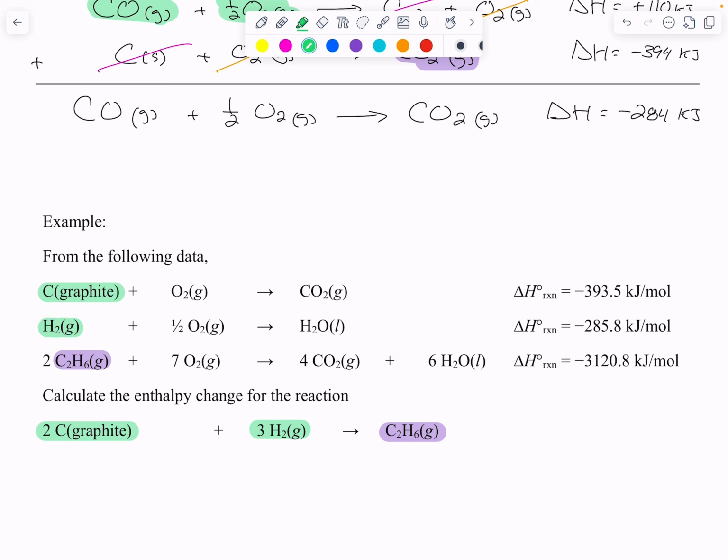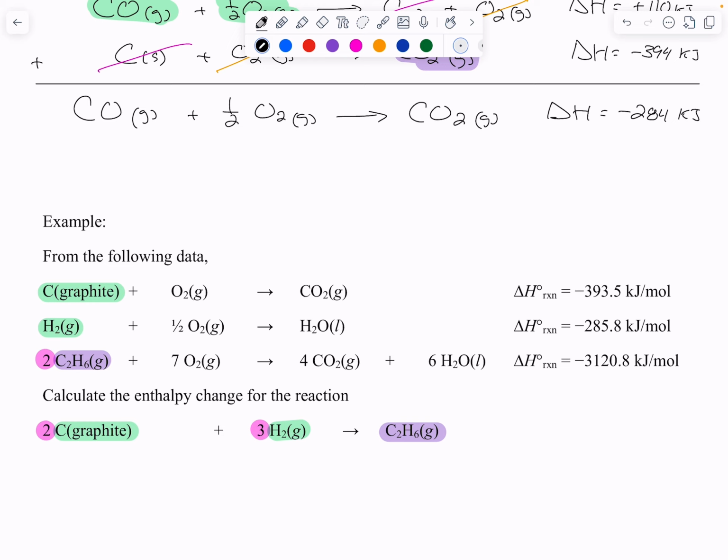All right, so what do we need to do? All right, if I look at this. Well, graphite's on the correct side, except if you notice, I got a 2 there, a 3 there, and I have a 2 there.